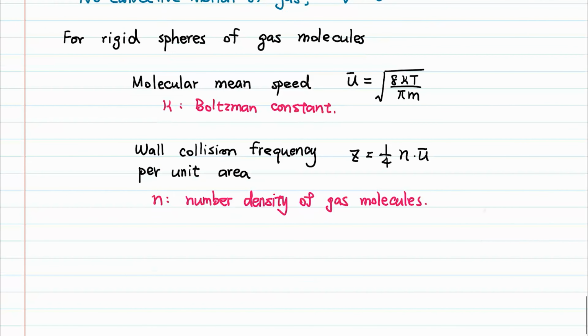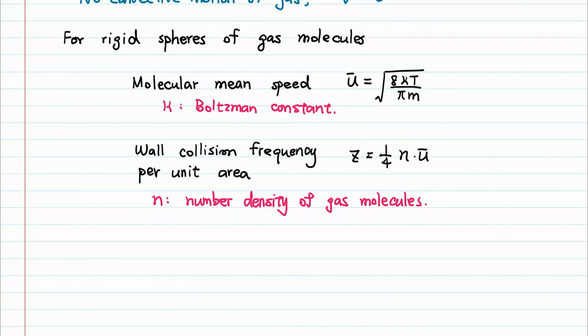Okay, and finally we need the mean free path, which is lambda equals 1 over root 2 pi d squared times n.